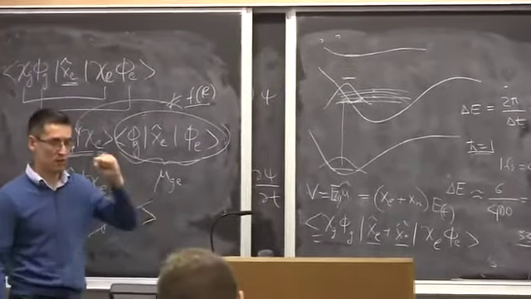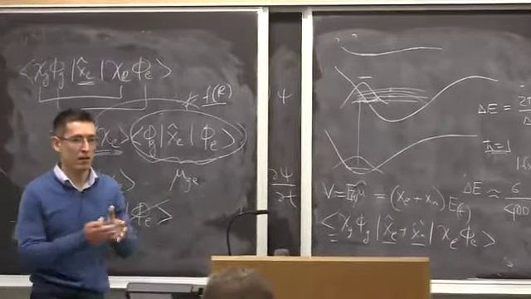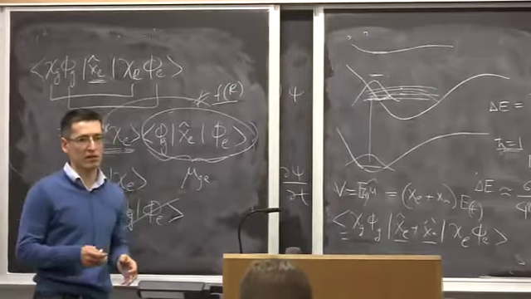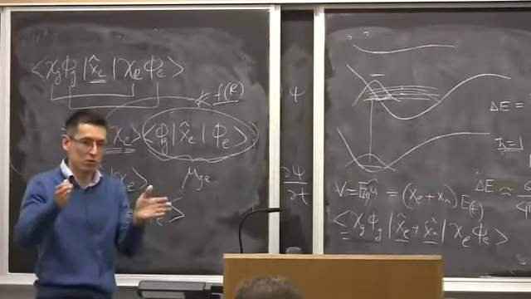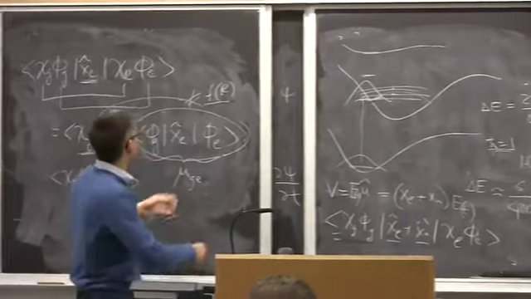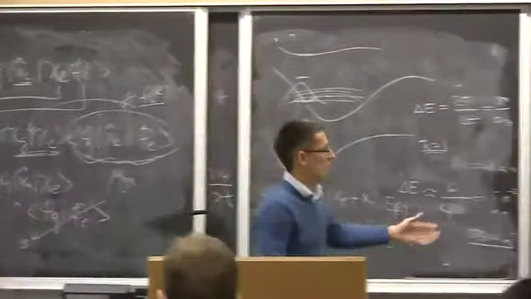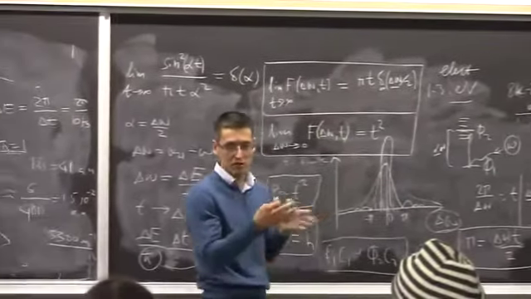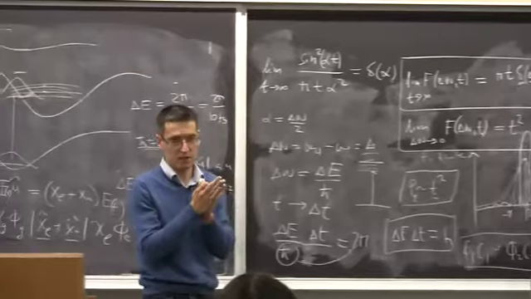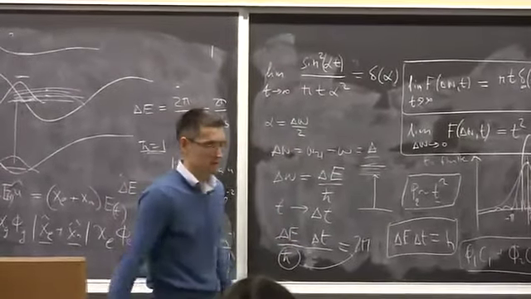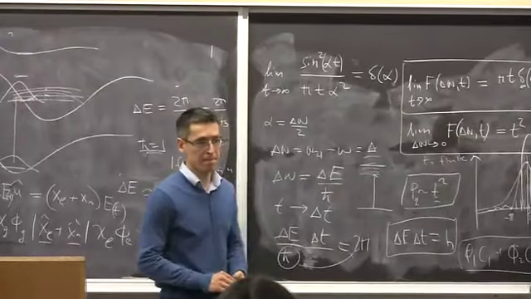But because it's finite in time, it will take not only the state that it's in resonance with, but also states which are nearby. Because of this f function, it has a finite width at finite time. Only at infinite time does it become a delta function that zooms in on the particular resonance states. Okay.